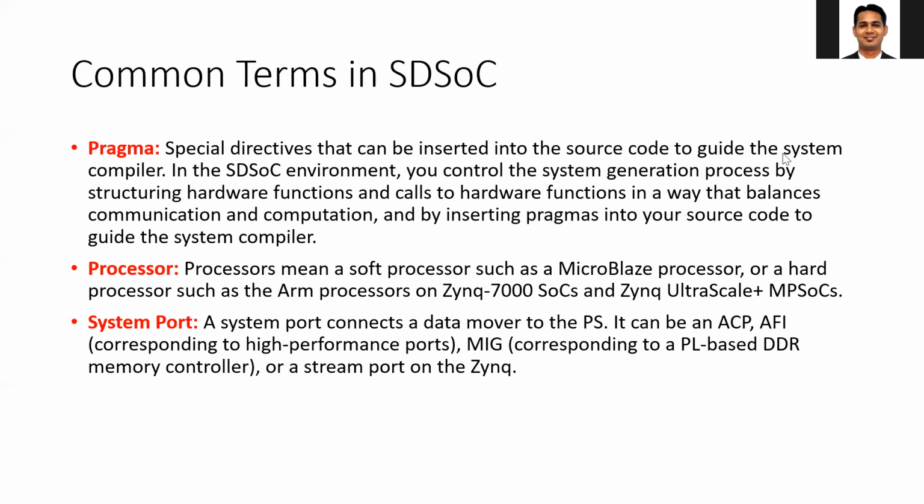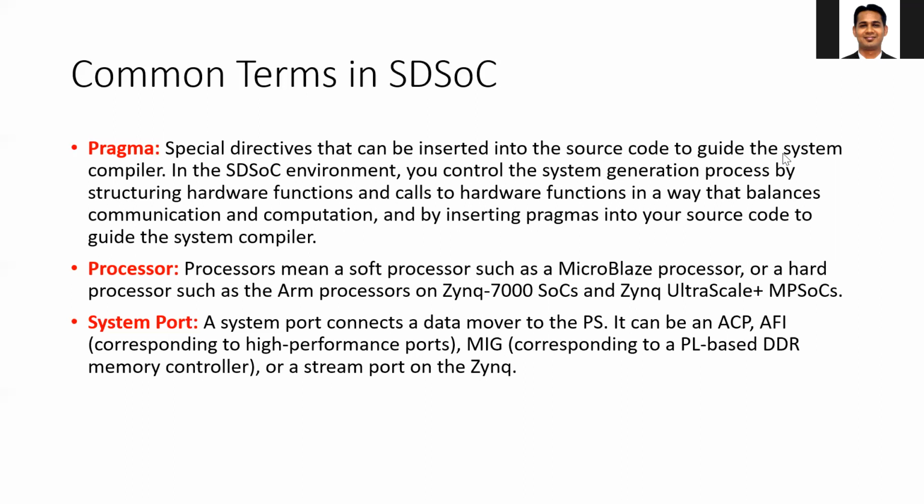So you will see in our Zynq SoC architecture, there are multiple ports between the processor and the PL, that is your FPGA. These ports are used to allow the PL to read the data from the memory system of your PS. There are ports called ACP, AFI, MIG ports, which is the memory interface generator, or some other stream ports.